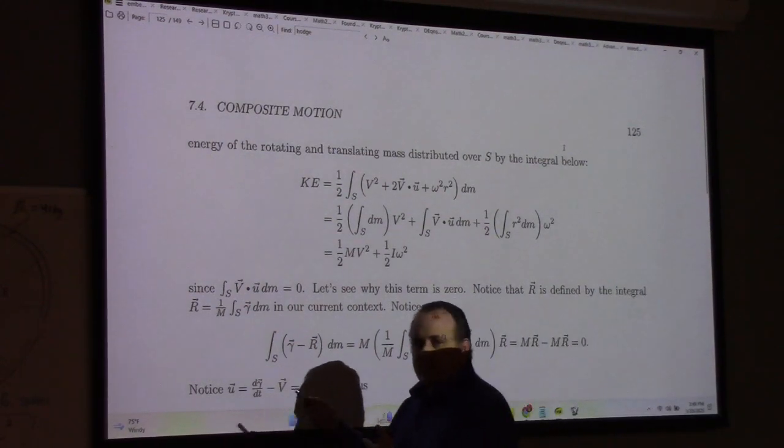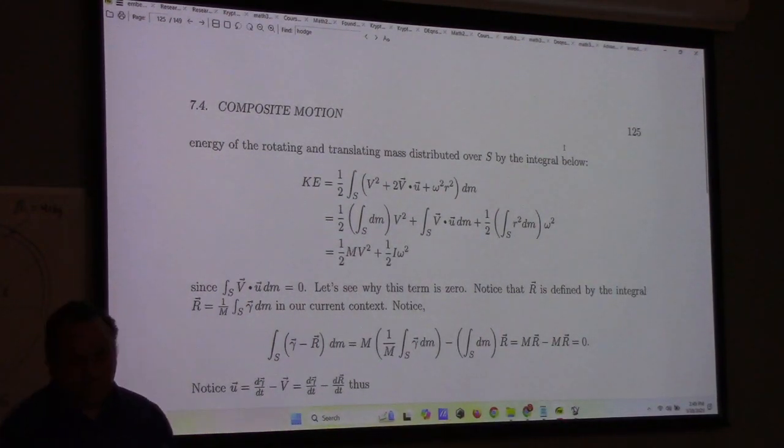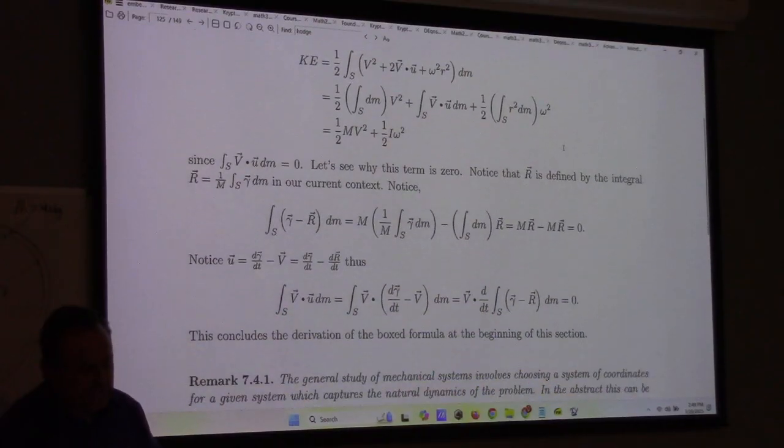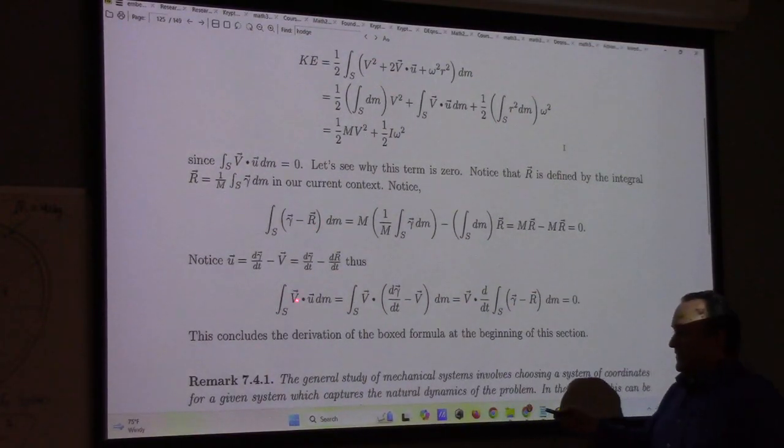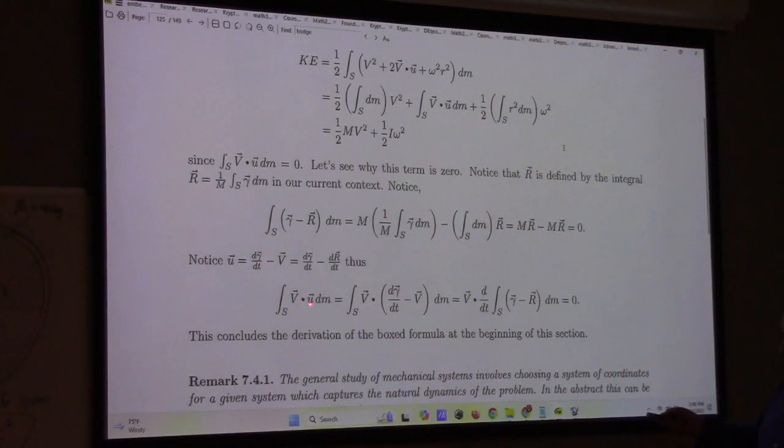And once you know that, you can take that formula and differentiate it. That's the next step. If I look at v dot u, well, that's the integral of v dot d gamma dt minus v, if you go back to how we defined little u. And as such, I pull the time derivative out of the integral, because that's legitimate, and don't ask the math professors, and that gives us gamma minus r in this context.